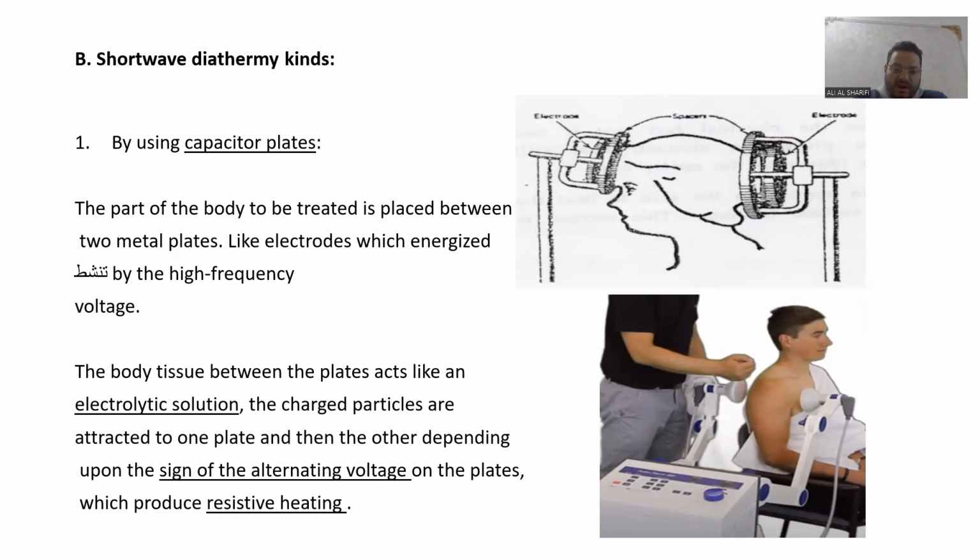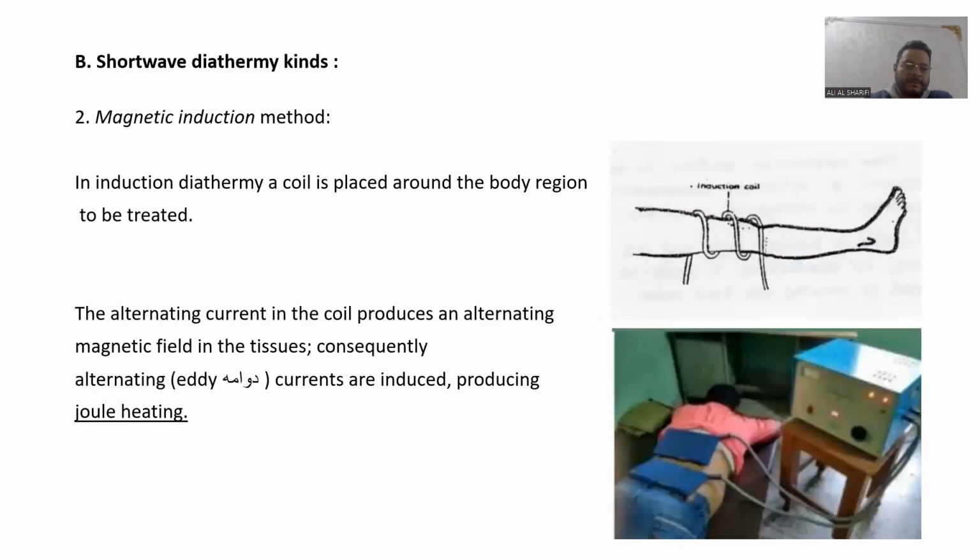After that, we generate electromagnetic waves and send them using the capacitor plates. The tissue you want to treat will act like an electrolytic solution, like the lemon acid in the lemon acid experiment.